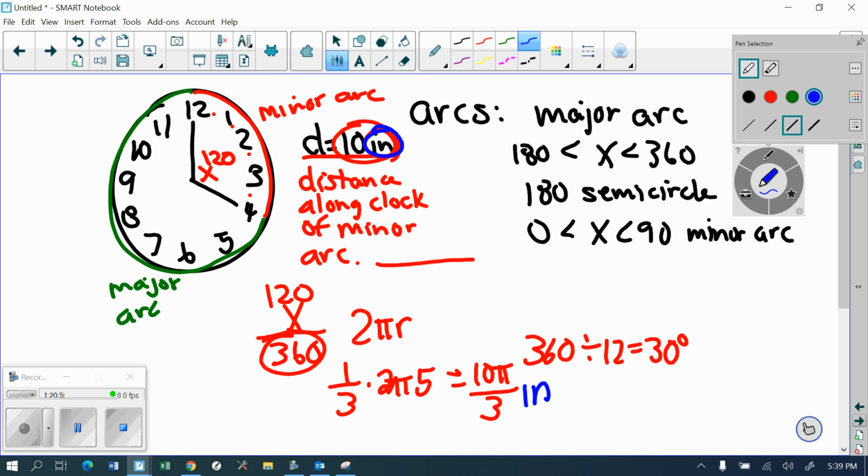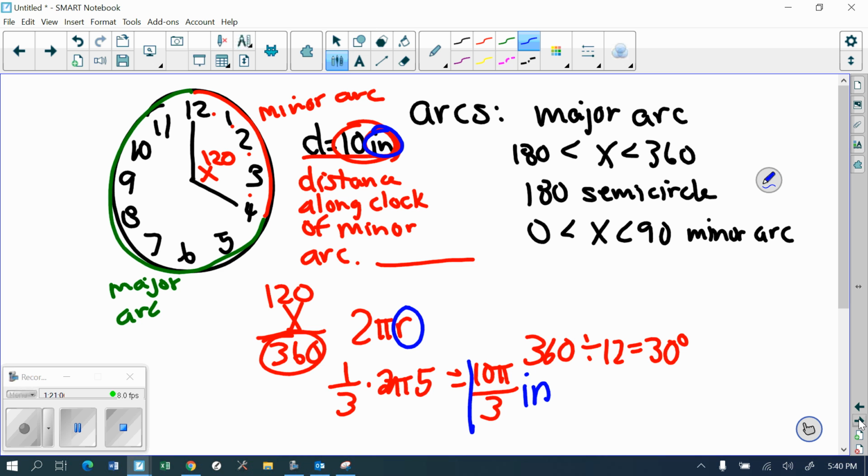So arc length is just the one variable there with a degree of 1, so it's inches, not inches squared. And there's my exact answer. If it asks for an approximate answer, then I put pi in the calculator and give me a decimal. Okay, so that was one that kids struggled with big time, even A students.